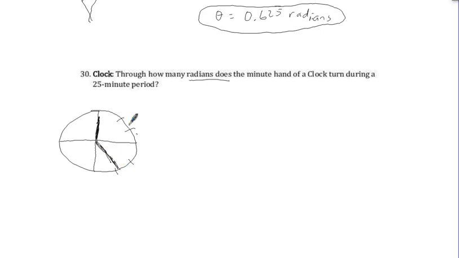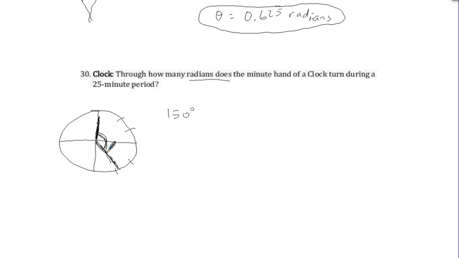If you divide 360 degrees by the 60 minutes, you'll find that 1 minute is 6 degrees. So you could take 6 degrees and multiply that by the 25, or you could say that each one of these sections is 30 degrees and there are 5 of those. However you choose, you can get to this angle being 150 degrees right here.